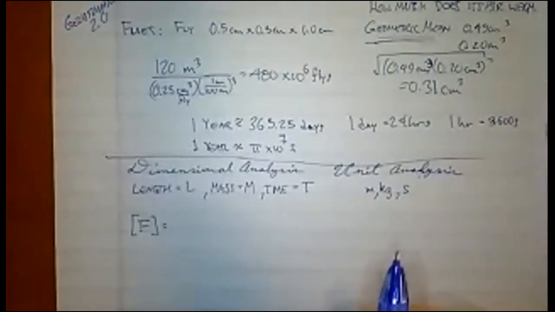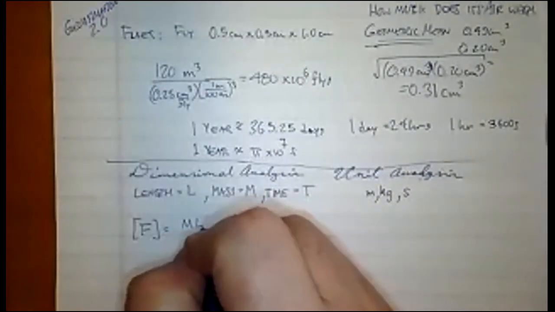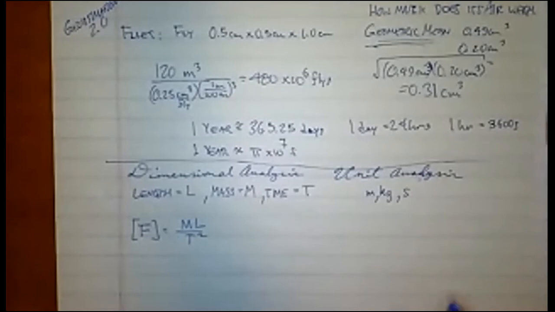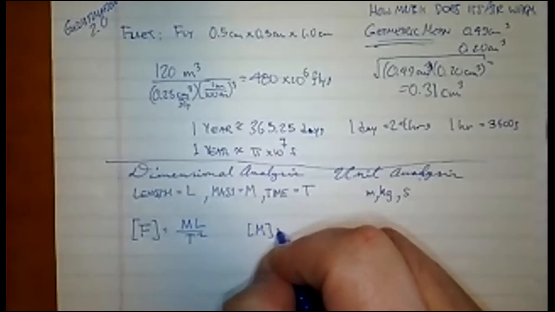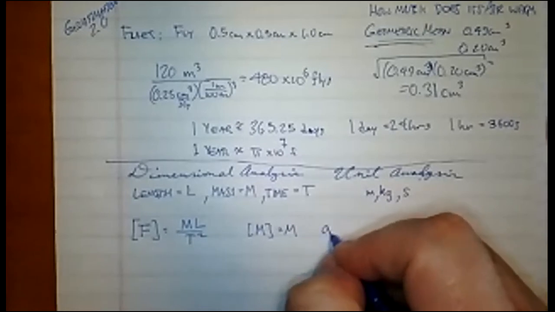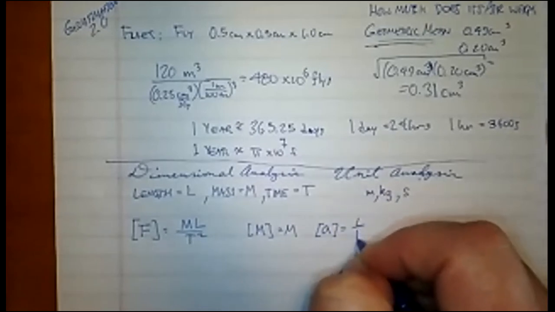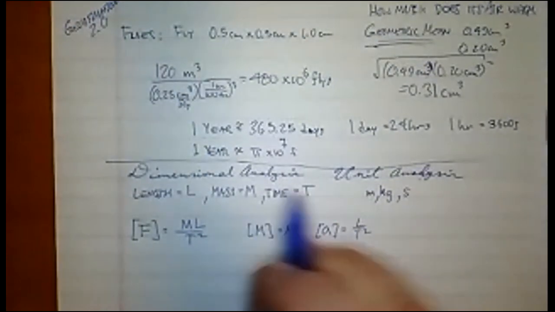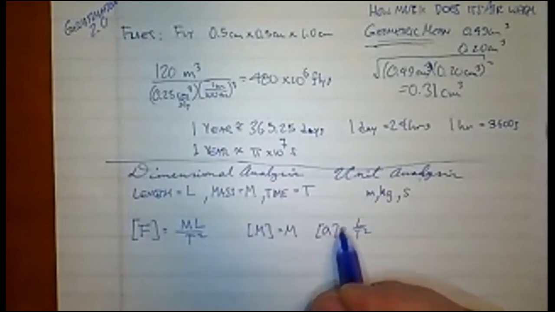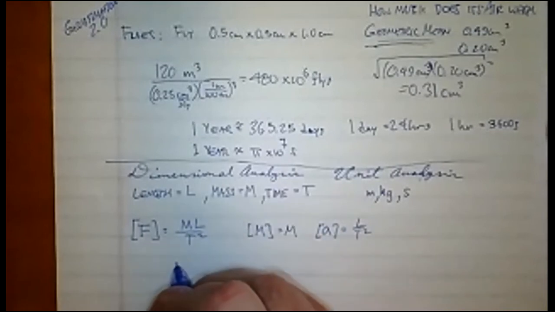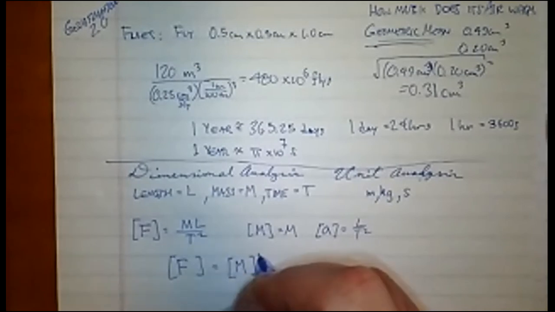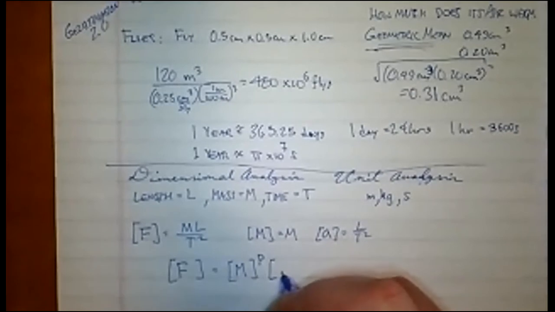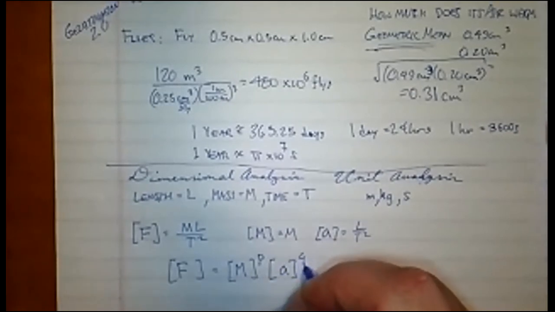If I told you the dimension of force, which I happen to know is ML over T squared, and I'll tell you it depends on mass and acceleration, which has units of L over T squared, okay, then you can use that to figure out an equation relating M and A to make F. So what we would do is we'd say F dimensions is equal to M dimensions to the P power times A to the, let's say, Q power.